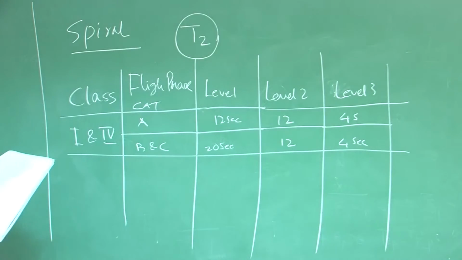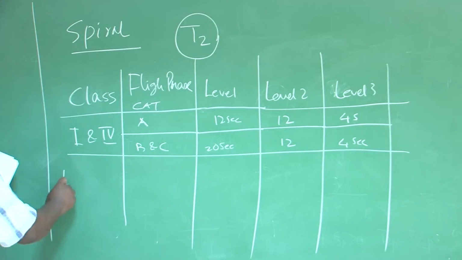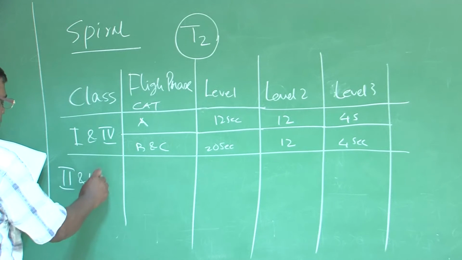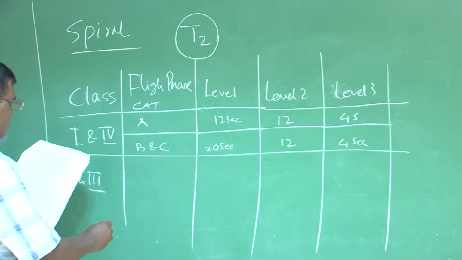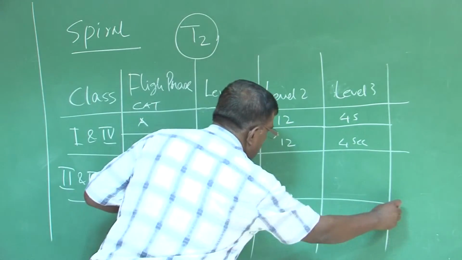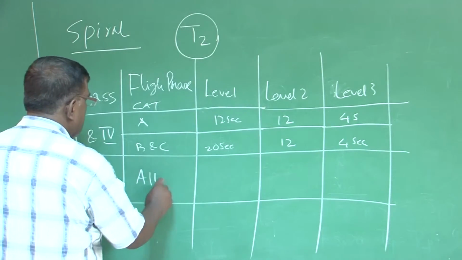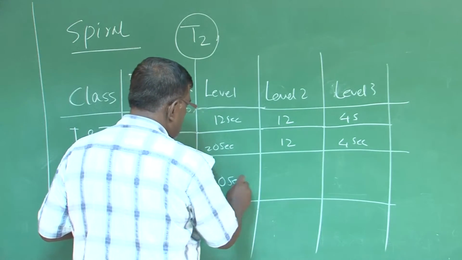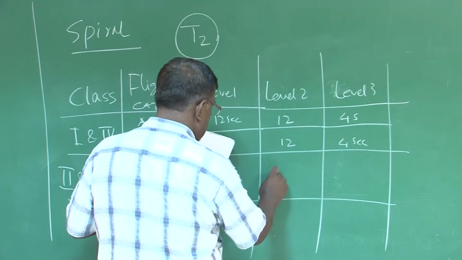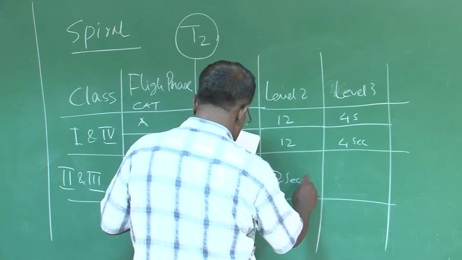Right? And for class 2 and 3 airplane, this is all flight phase, A, B, C. This is 20 seconds, 12 seconds, and this is 4 seconds.